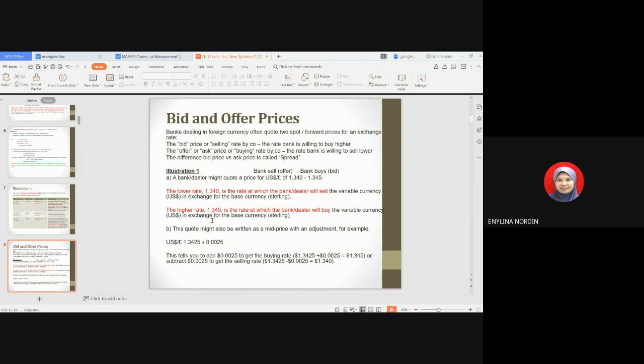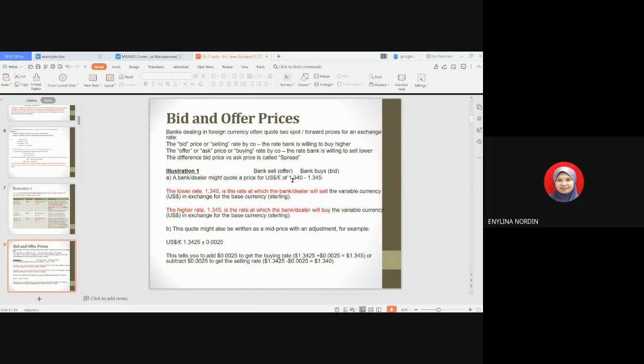There is a rule of thumb: the bank will buy at the high rate and sell at the low rate. So the bank will buy the currency at 1.345, the higher rate, and sell at the low rate, which is 1.340.